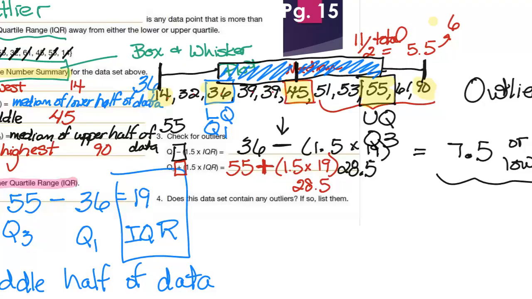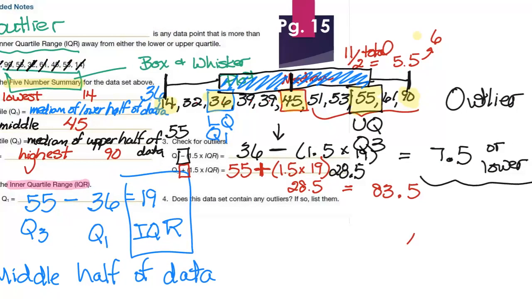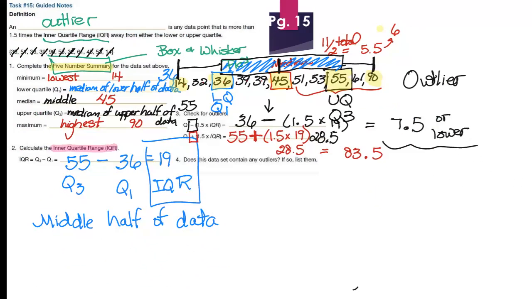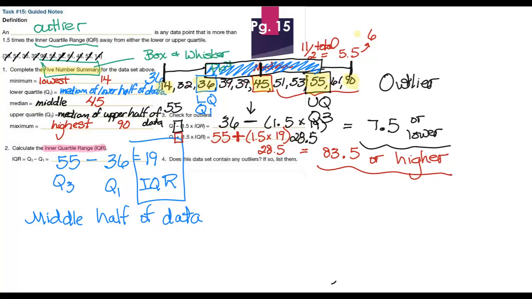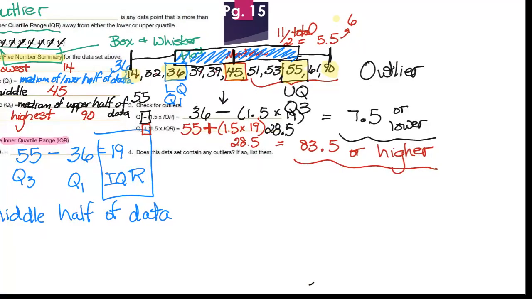So 55 plus 28.5 is how much? 83.5. And that's going to be 83.5 or higher. These are your outliers.